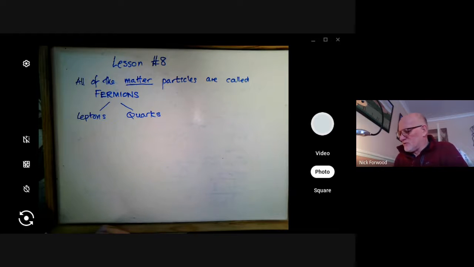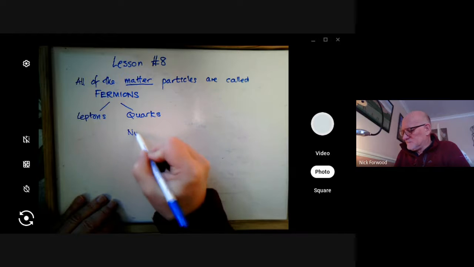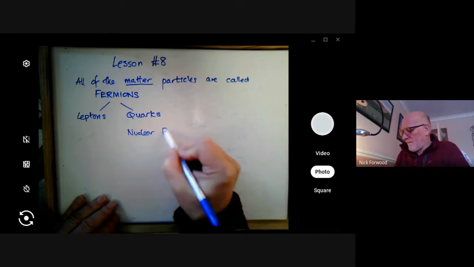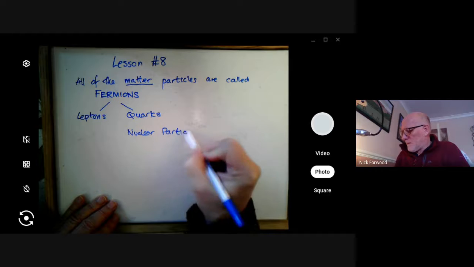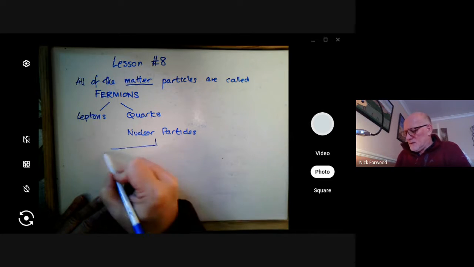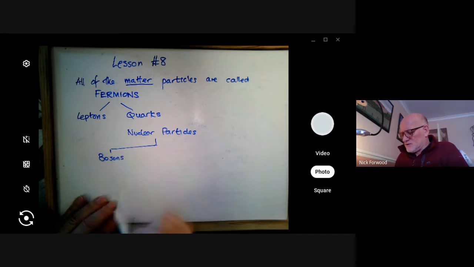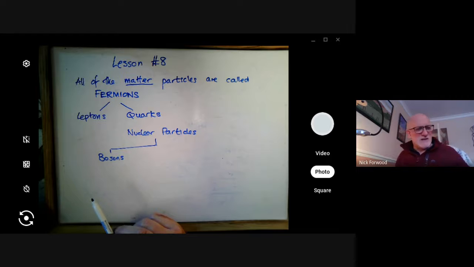There is a bigger group, which is a sort of overall group called nuclear particles. So nuclear, and that has bosons, and if you remember, bosons are the force mediating particles.